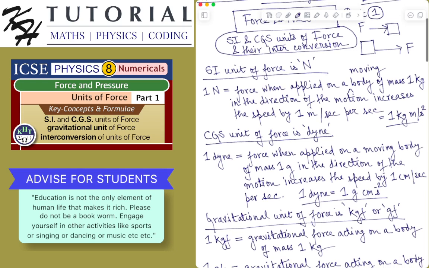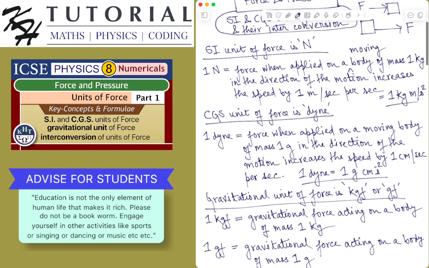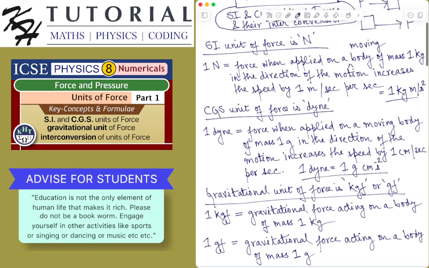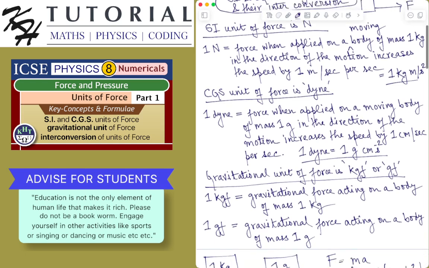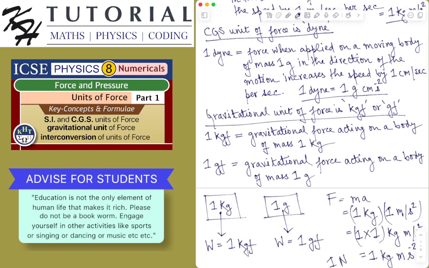One dyne, the CGS unit of force, is equal to 1 gram centimeter per second square, and the gravitational unit of force, kgf, means the gravitational force acting on a body of mass 1 kilogram.